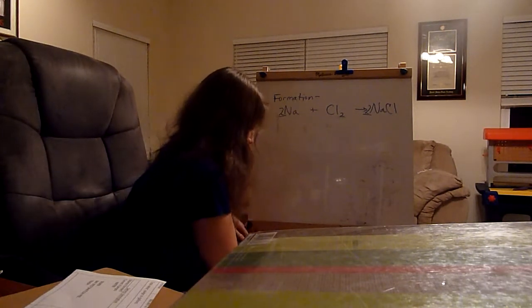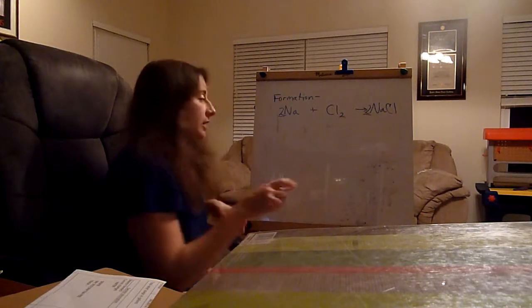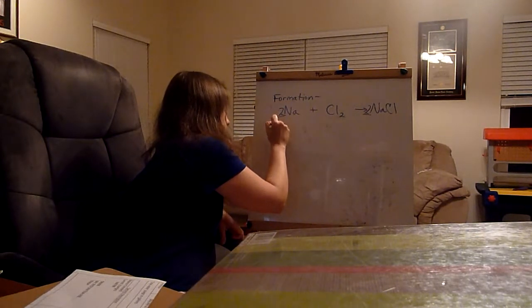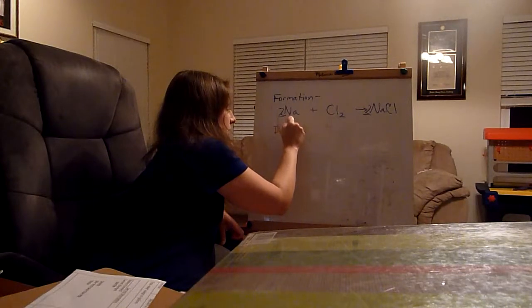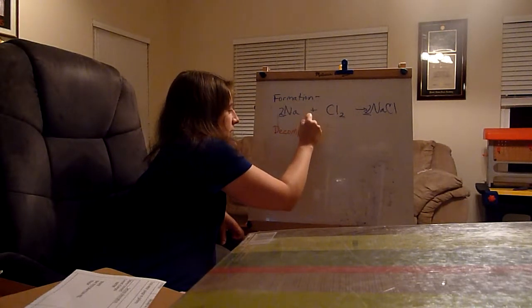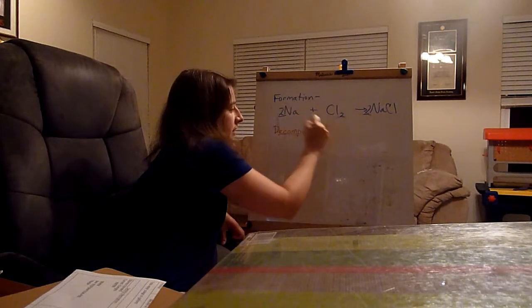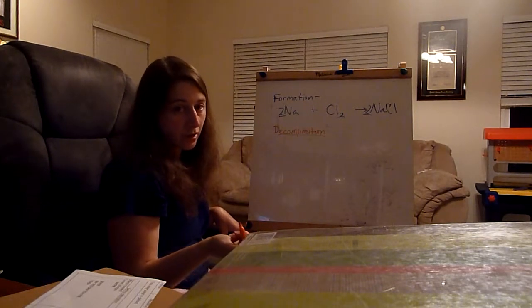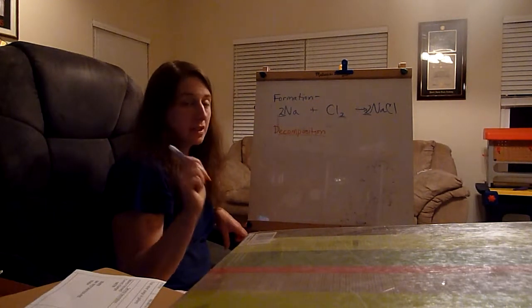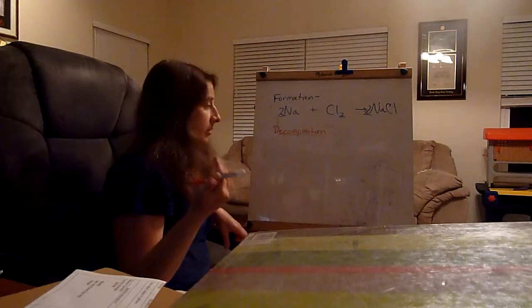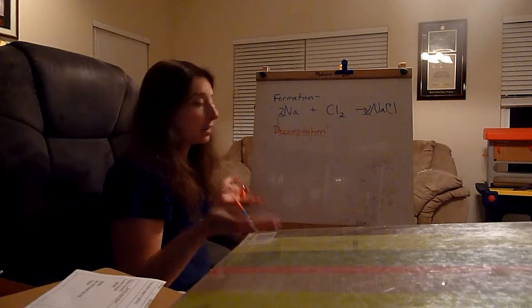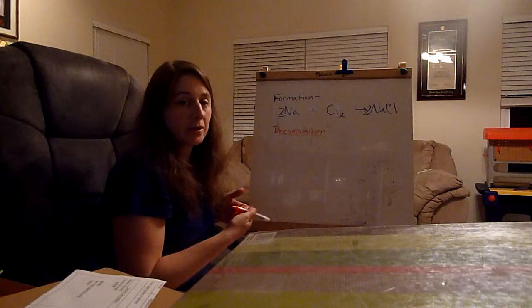The next type of reaction that we studied last week, the decomposition reaction. You all saw last week the decomposition of water. You saw the decomposition of sugar, which was catalyzed by sulfuric acid, but the acid did not actually participate in the reaction.